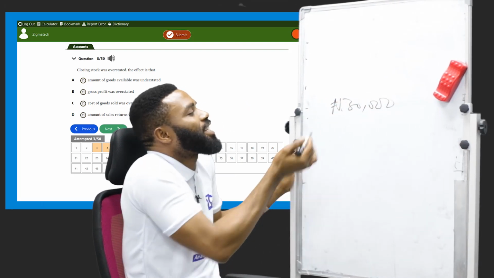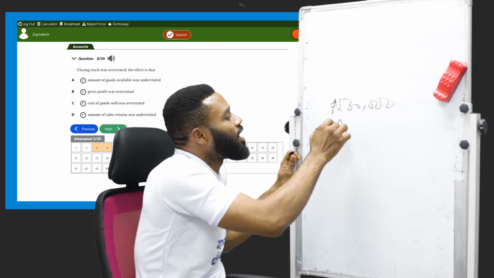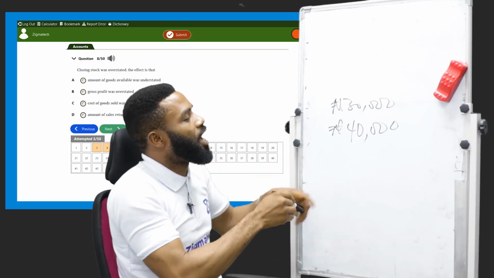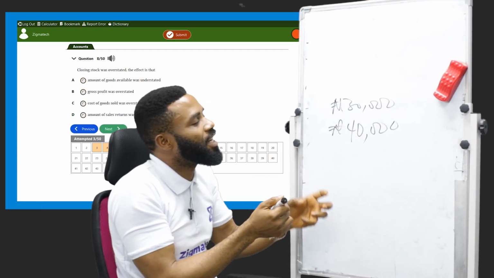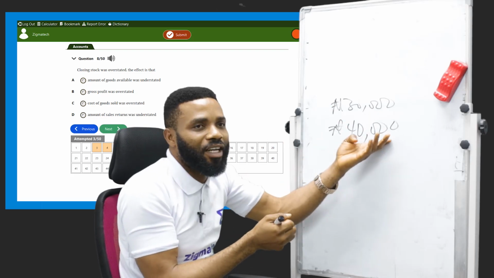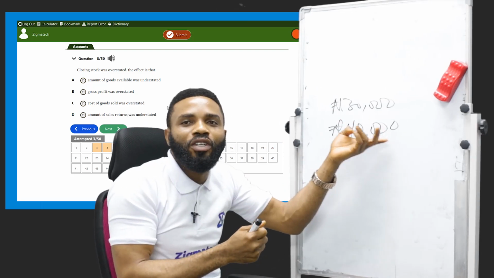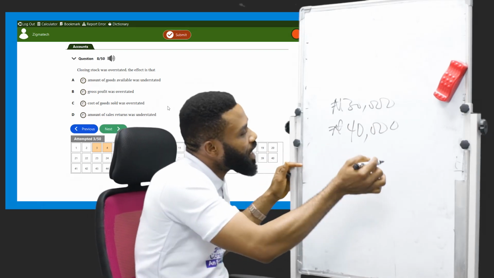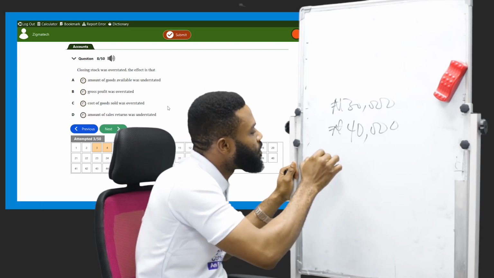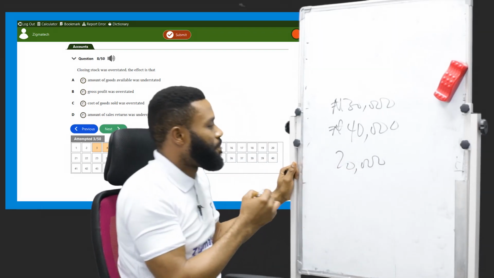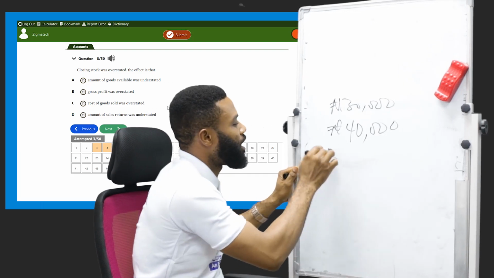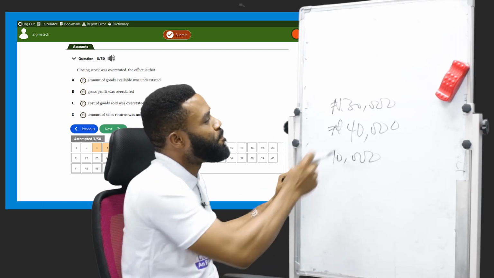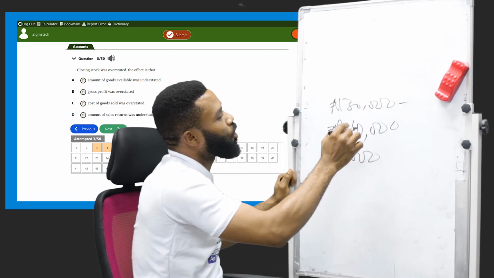When they say it's overstated, let's assume the accountant mistakenly takes it to be 40,000. So we have 10,000 naira difference. So they are asking, if it is overstated, what effect will it have on the account? The effect it will have is that if your cost of goods available for sales is, let's take it to be 100,000, this is your cost of goods available for sales, and then your initial closing stock was 30,000.